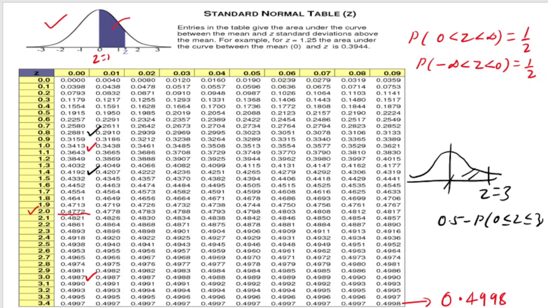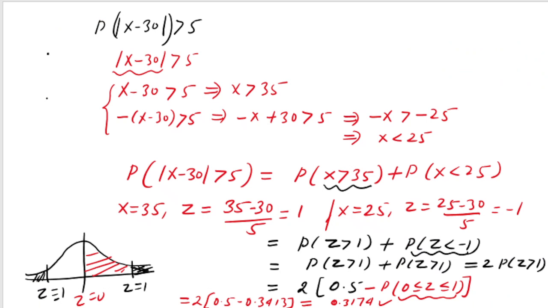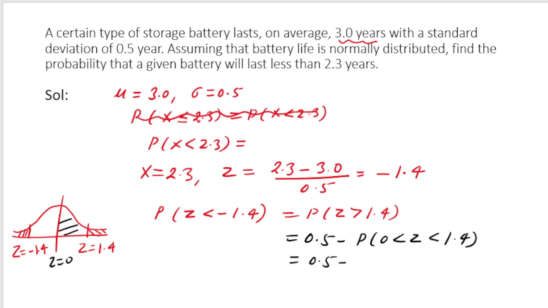So I will write this value, 0.4192. This probability is equal to, if you calculate, 0.0808. So this is the probability for z less than minus 1.4.